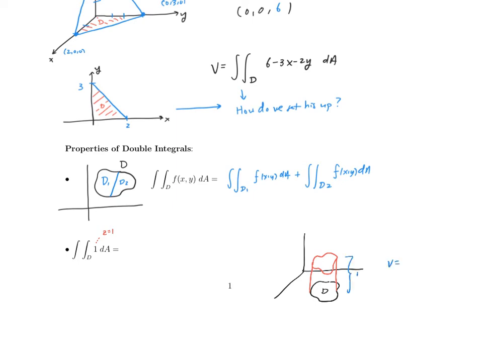And the volume of this would be its height, 1, multiplied by the area of its base. So the value of this double integral, the enclosed volume, is simply the area of the region D, which is a property we will occasionally make use of.